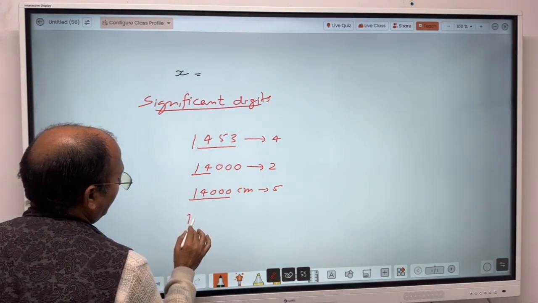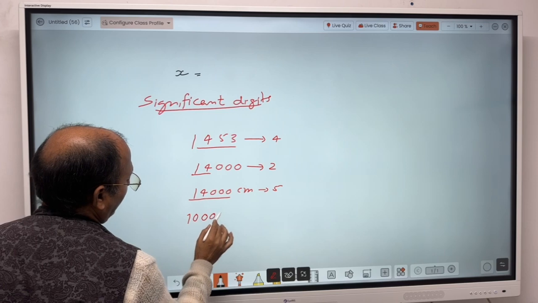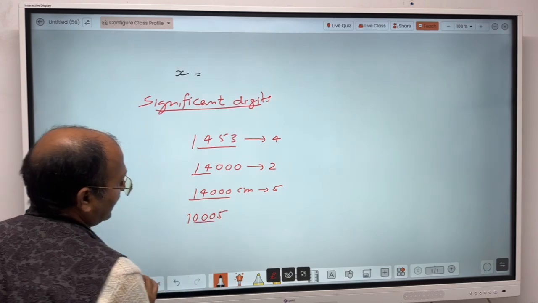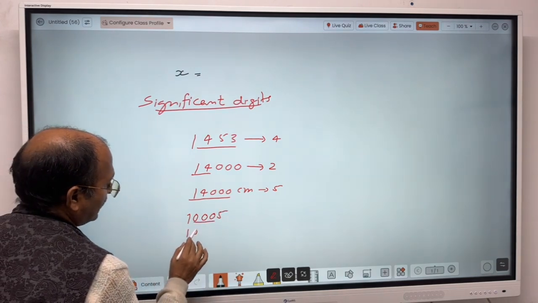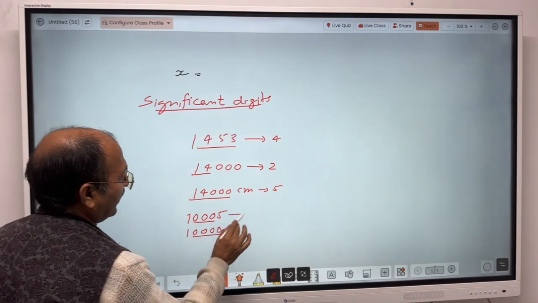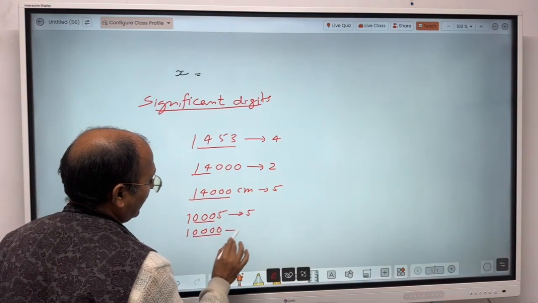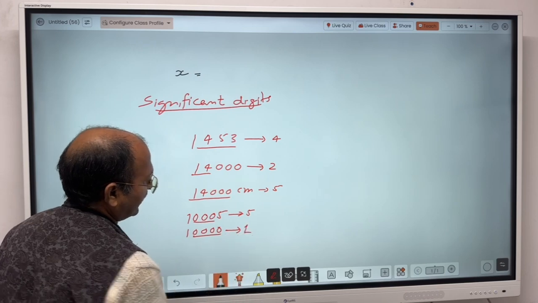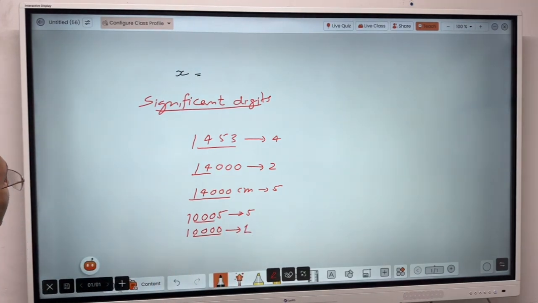Another concept, suppose we have 10005. Here these zeros are significant, but had it been 10000, these zeros are insignificant. Here there are 5 significant digits, whereas here there is 1 significant digit.